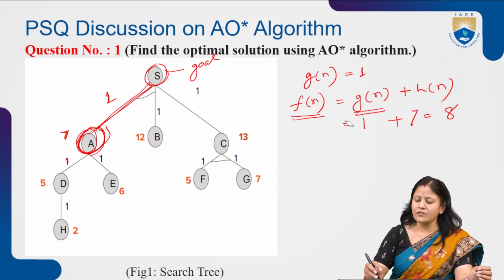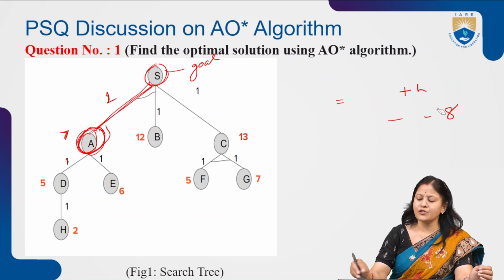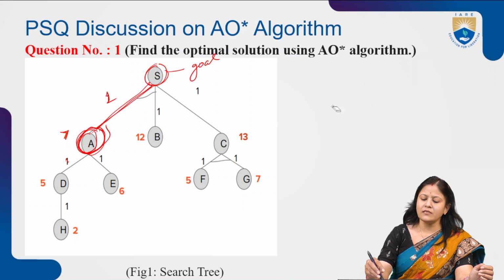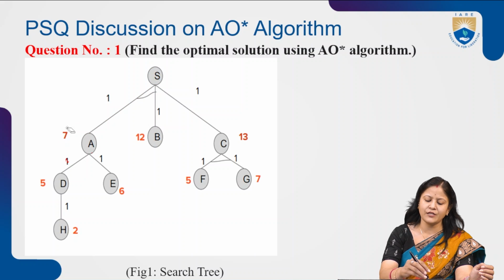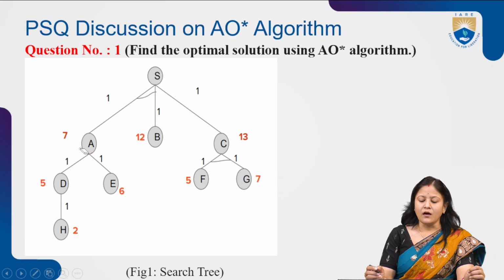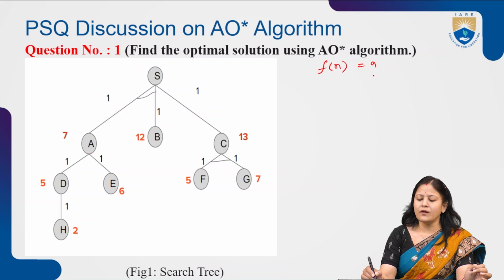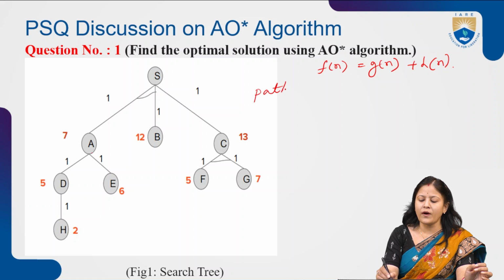Like this we can use the Fn function, that is equal to Gn plus Hn. Now we will solve this example given on our screen. To find the optimal solution for the goal node S, we use this function everywhere: Fn is equal to Gn plus H of n. We have two paths. As I told, one is S to C, another path is ASB.